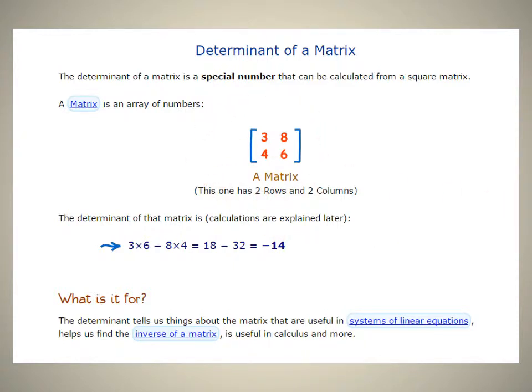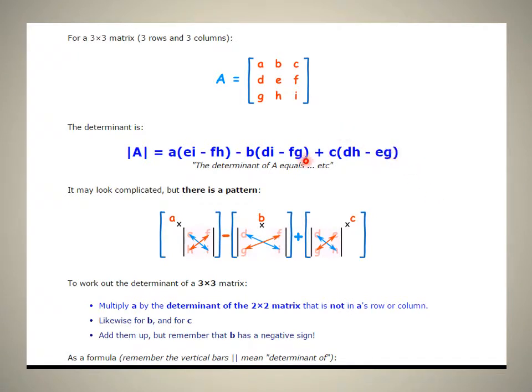It becomes a little bit more complicated where you have matrices more than 2 by 2. So here we have an example of a 3 by 3 matrix, and you will see that it's a fairly complicated way of how one calculates the determinant of this matrix. So there's a specific pattern in calculating that.